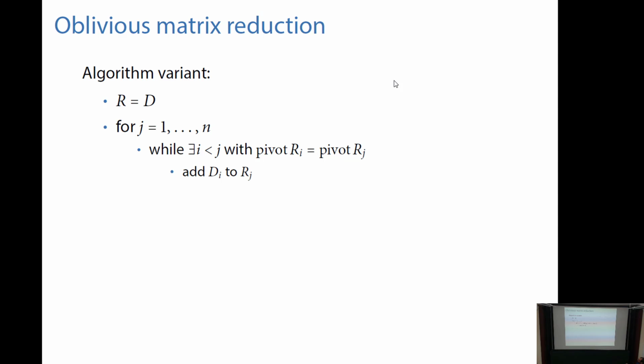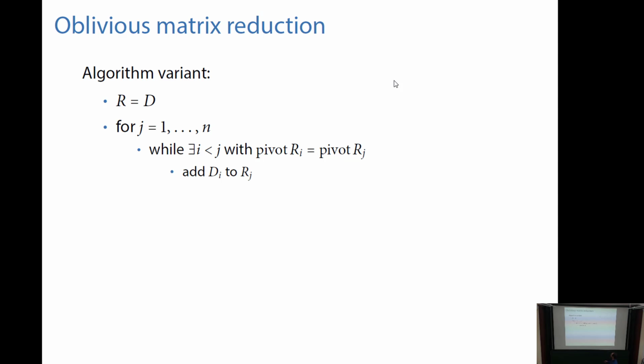Before, I added the ith column of R to the jth column of R in the reduction. Now I decide to throw away many columns of R, and I only add the column of the boundary matrix. This also works.